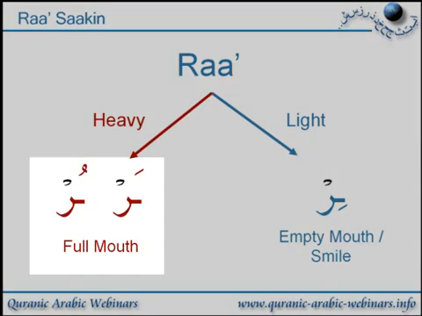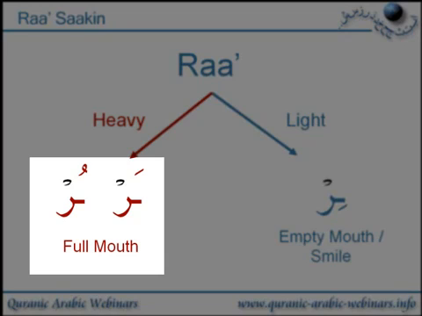And when the letter Ra is sakin, i.e. it's got sukoon on it, and the sound before it is either the fatha or the dhamma, then we do what's called full mouth. So this is making your mouth slightly rounder. Some people call this an angry face, or some people call it heavy, or full mouth.